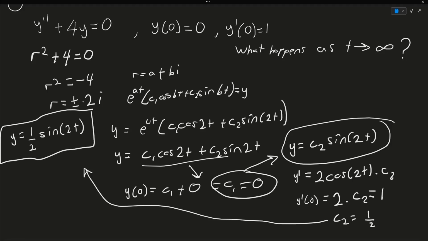Okay, and what happens as t approaches infinity? Well, sine is a function that keeps oscillating. It oscillates between 1 and negative 1, but we will have a 1/2.